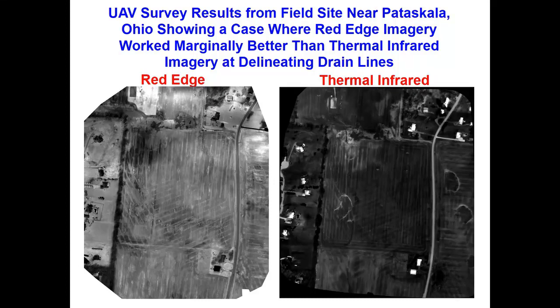Another example, this is near Pataskala. This is an image using the red edge, at that border between red and near infrared, and this is our thermal infrared camera. You can pick out a lot of the drainage pipe features maybe a little bit better with the red edge than the thermal infrared.